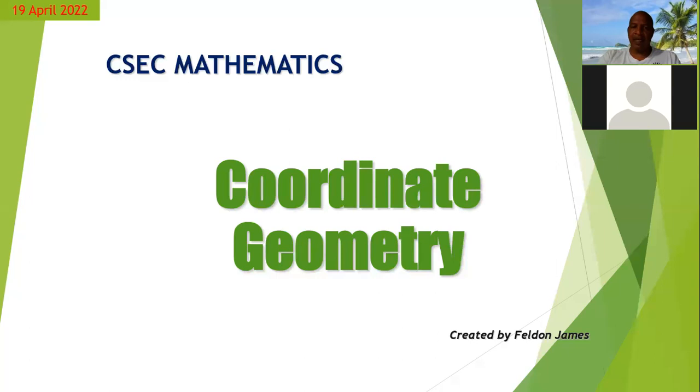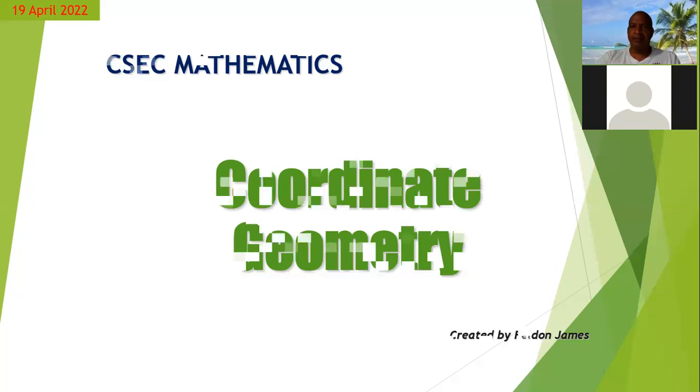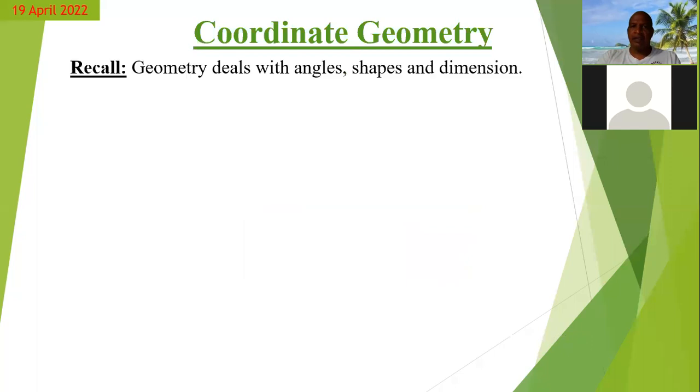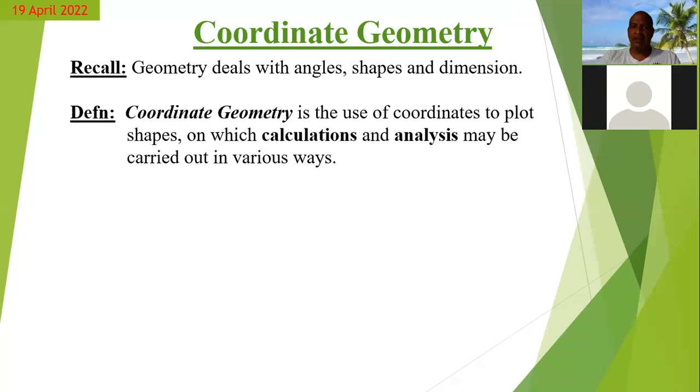So we're really looking at what we can do with the coordinates on a graph. Can we create a shape by plotting points? So there are a number of things that we should be able to do with these coordinates in terms of geometry. So that's what we'll be looking at today. All right, so we can recall that geometry deals with angles, shapes, and dimensions.